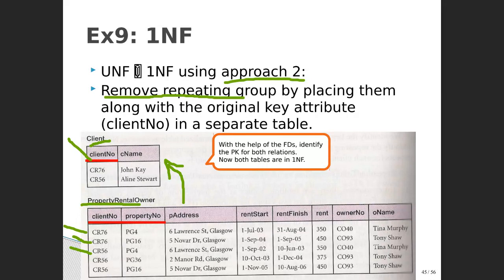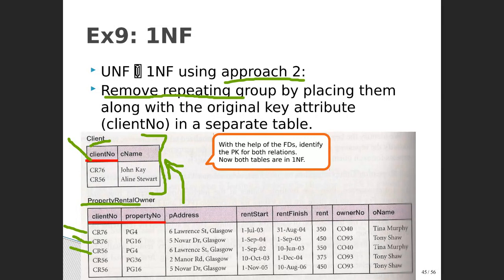And the other relation will become property rental owner. Still, this relation will suffer from update anomalies. Why? Because there are so many dependencies which can be fixed, like transitive dependency and partial dependencies. Now this client relation is normalized. Why?